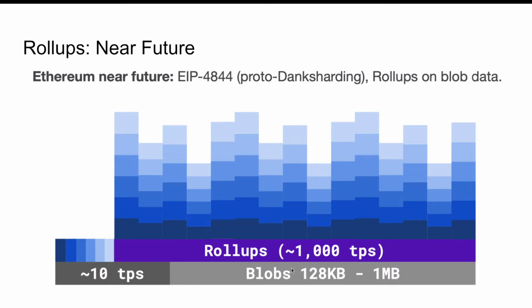Using the blobs, rollups can achieve around 1,000 transactions per second. In the later slides, I will explain what a blob is and how exactly it works. This is the near future of Ethereum. Ethereum's next upgrade will include this functionality, and this is supposed to happen before the mid of 2024.